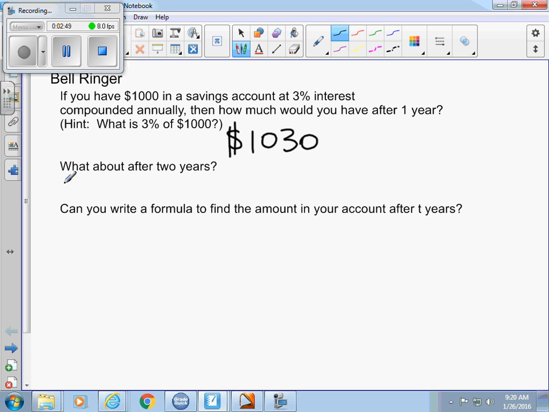Yes, perfect. Now, I want to challenge you to think a little outside the box. I want everyone to hear this. Martin said he just multiplied by 1.03. Why would multiplying by 1.03 get you the same thing?